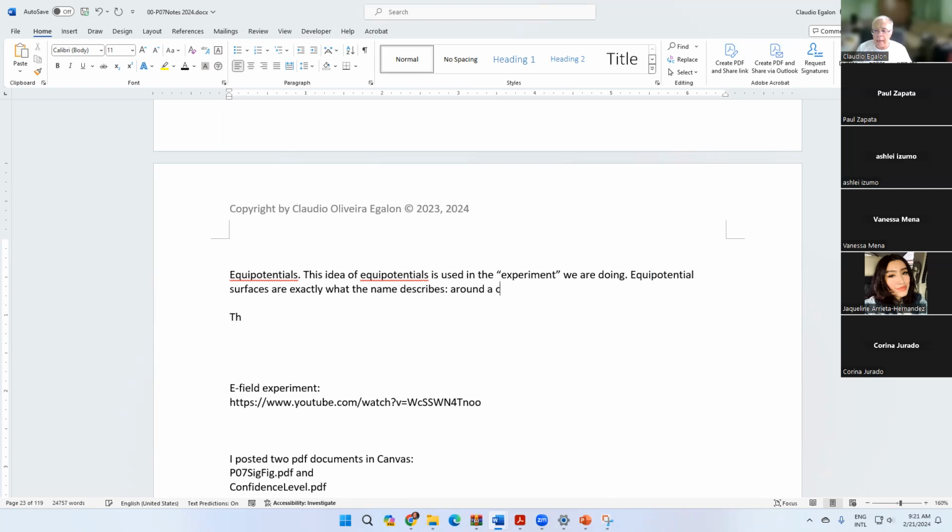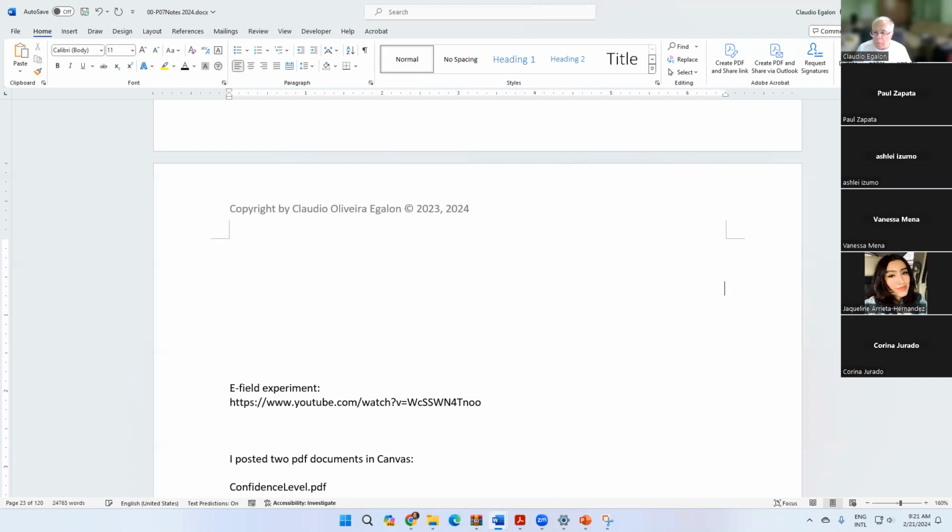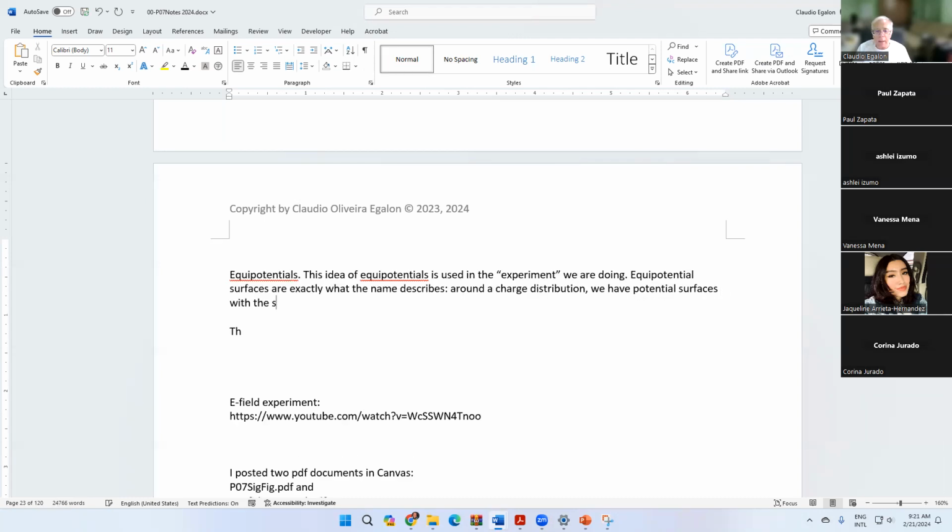Around a charge distribution, we have potential surfaces with the same potential values.